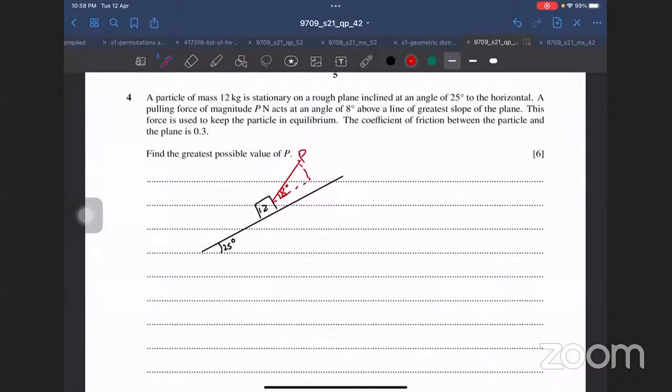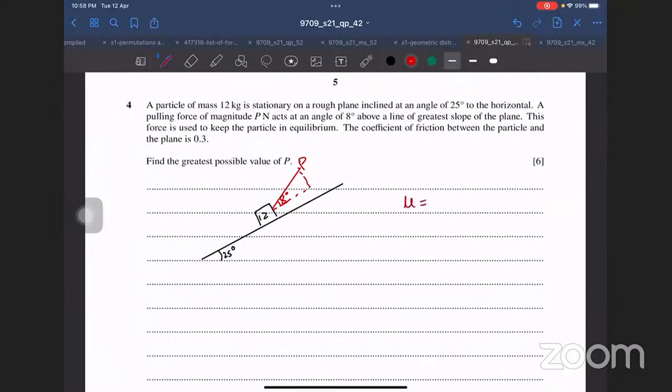This is P. This force is used to keep the particle in equilibrium. The coefficient of friction between the plane and the particle is 0.3. There is definitely gravity. Let me just draw that, 120. So I get 120 cos 25 and 120 sin 25.